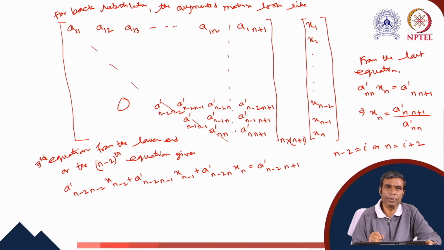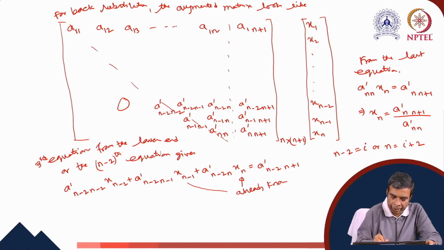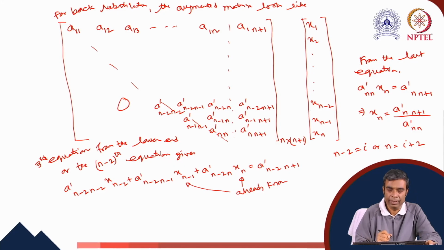These known terms will be shifted to the right hand side. So xn is already known and x n minus 1 is already known when we are going to calculate x n minus 2. So this is the direction of calculation, the direction of finding xn values.